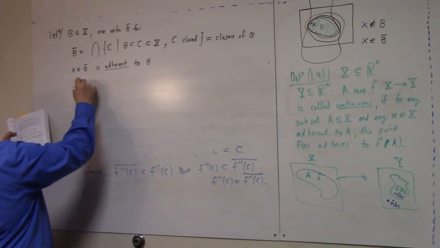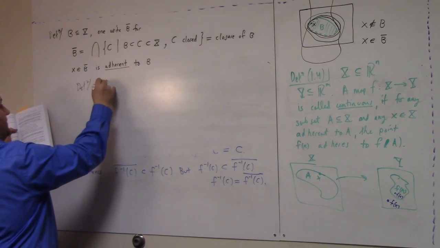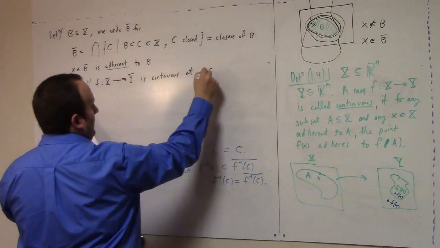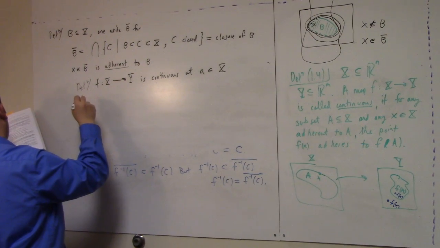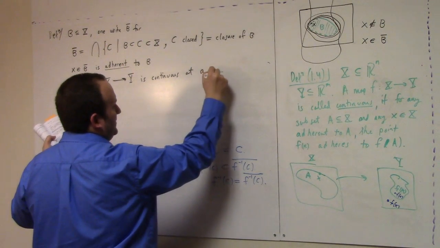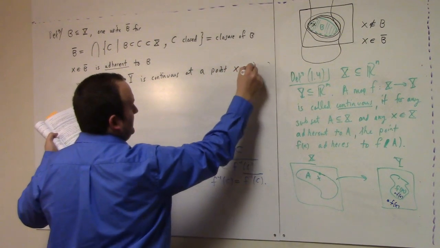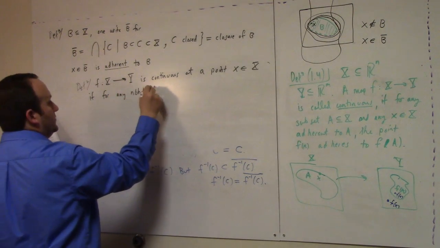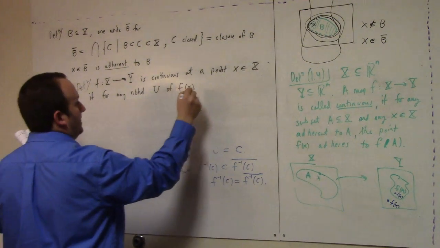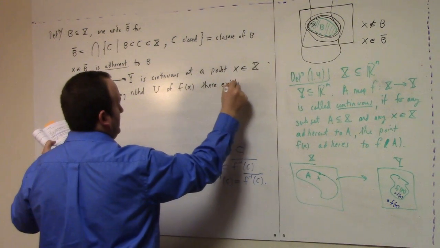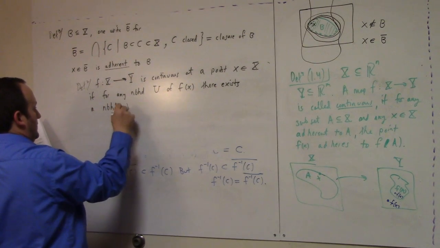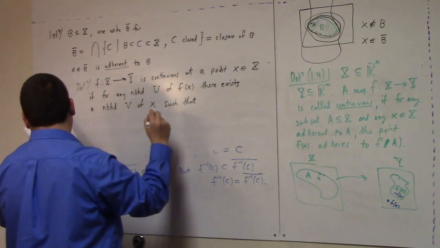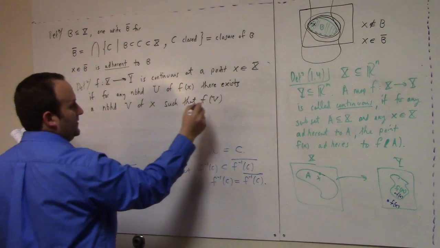So, definition: a map f between topological spaces is continuous at a point x in X if for any neighborhood U of f of x, there exists a neighborhood V of x such that f of V is a subset of U.